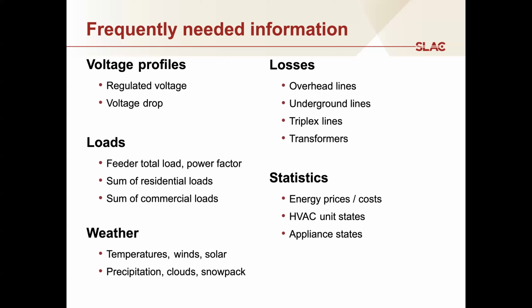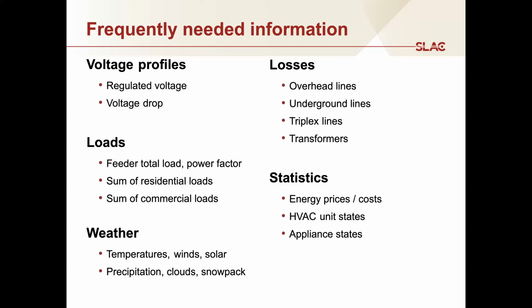And then finally, a lot of statistics can be developed from the data that is obtained from Gridlab-d. So you can provide energy prices. You can use those prices to get cost information and distributions of costs over long periods of time. You can also get information about duty cycles, changes in the duty cycles of devices like water heaters and air conditioners and heating systems, or even other appliances, which can be modeled explicitly if desired, although it's not very common that we model all the appliances in detail.